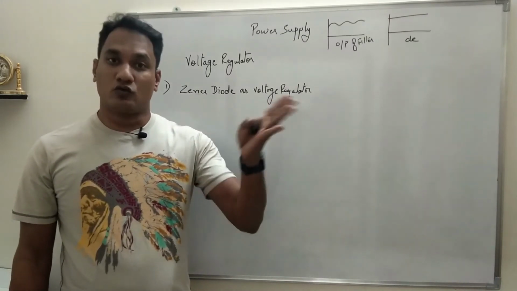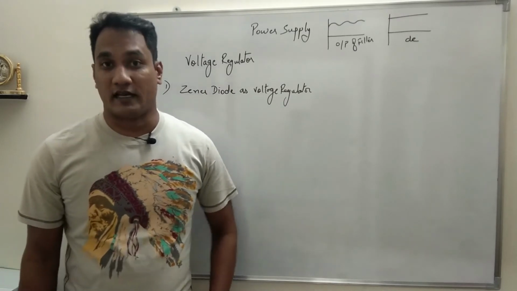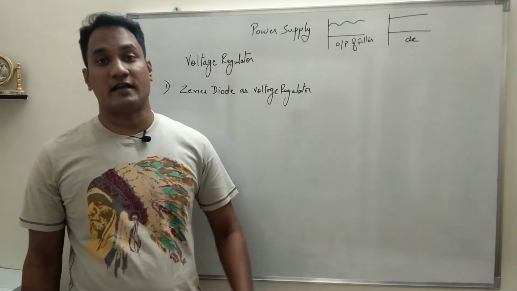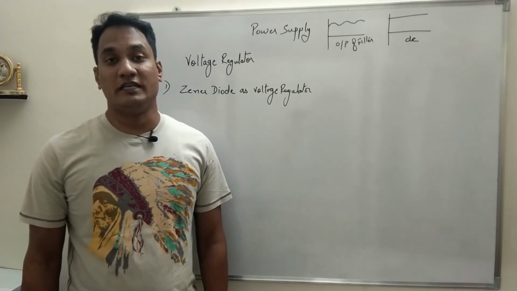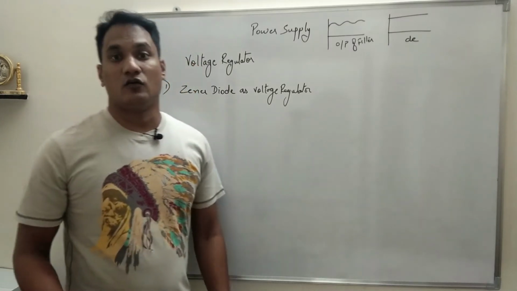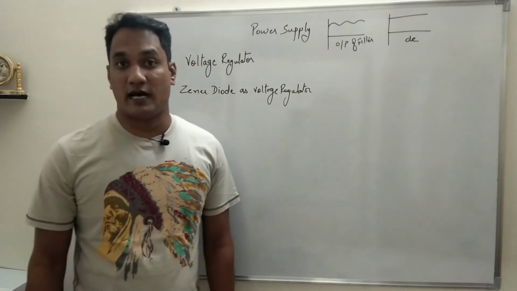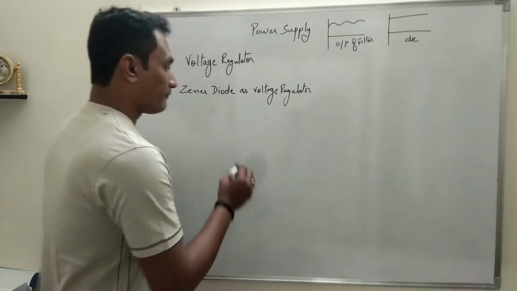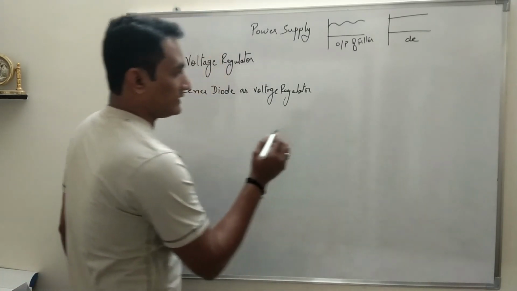For that, I will go to the basics of the diode once again. We have already tried to understand what we mean by a PN junction diode. Okay, I will directly go to the forward bias and reverse bias condition of the PN junction diode, and I will draw the VI characteristics.